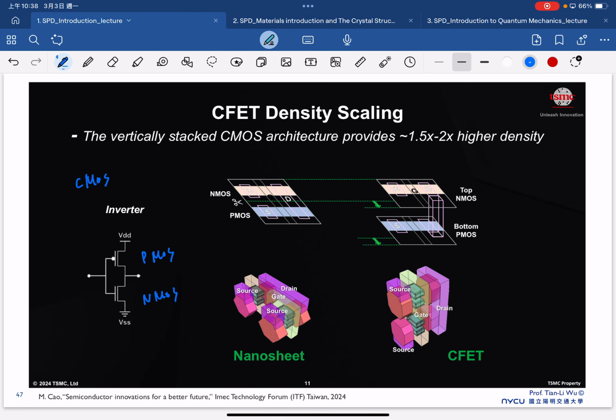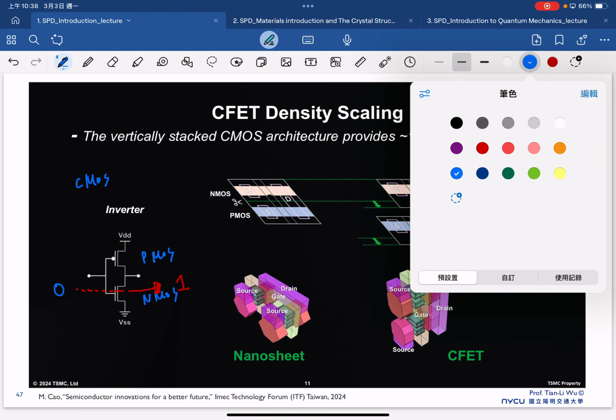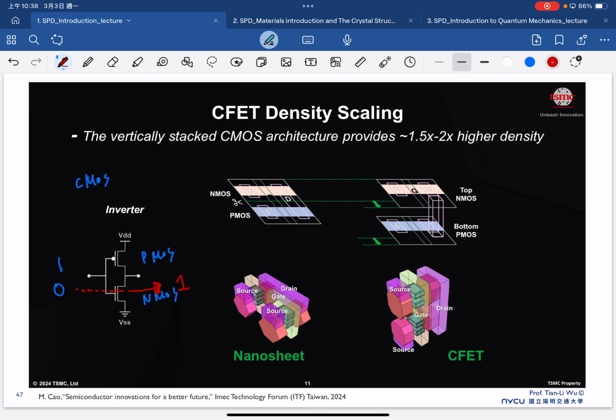Once we have this kind of CMOS architecture, then we can realize the logic function, especially the inverter function. What does inverter mean? It means that if we apply the signal 0 here, then the output here becomes 1. If we apply the signal 1 here, the output signal will become 0.